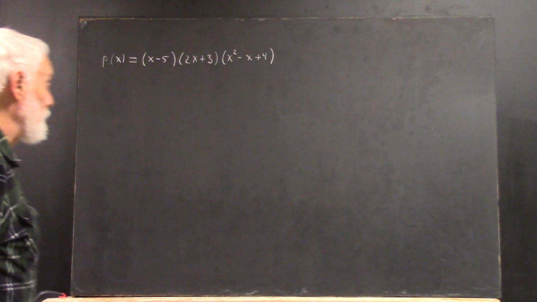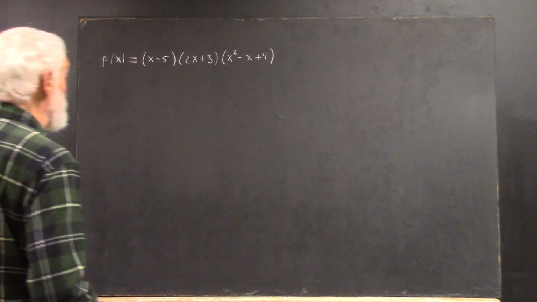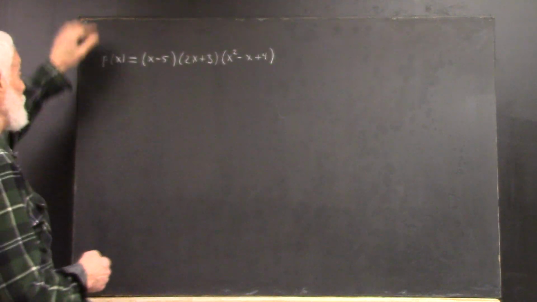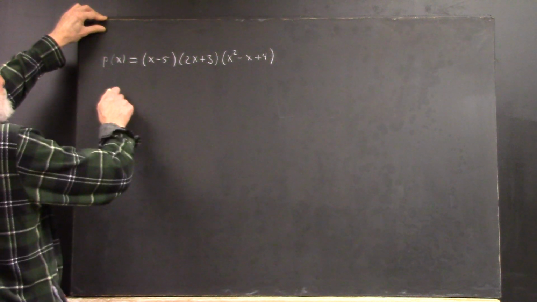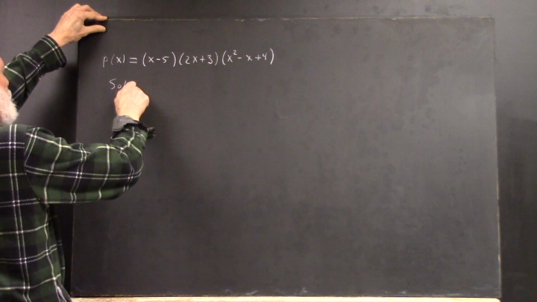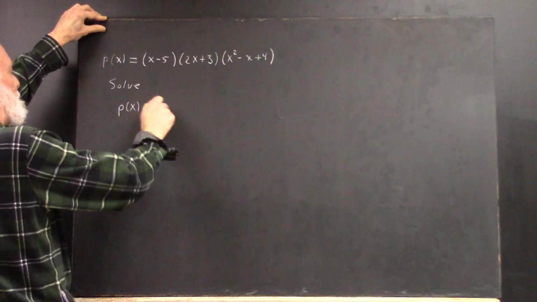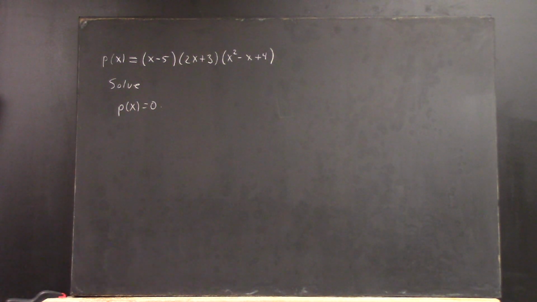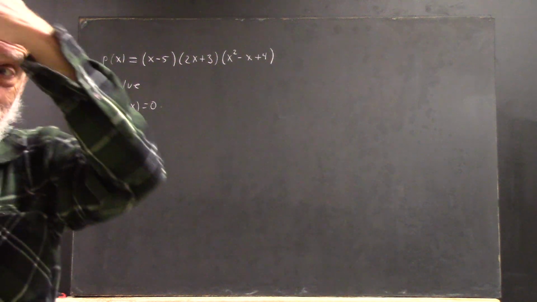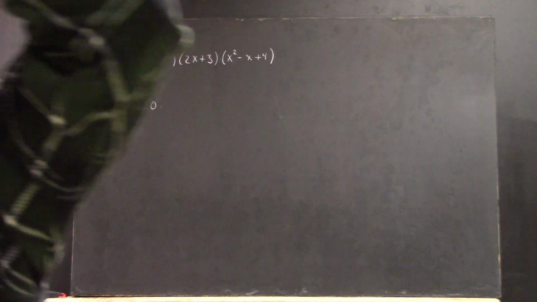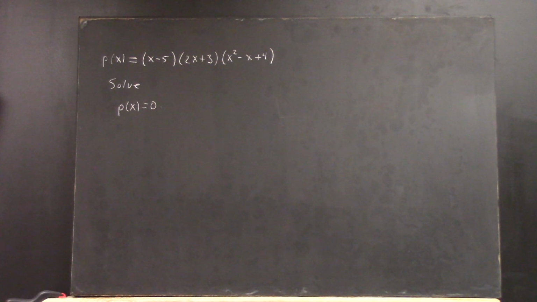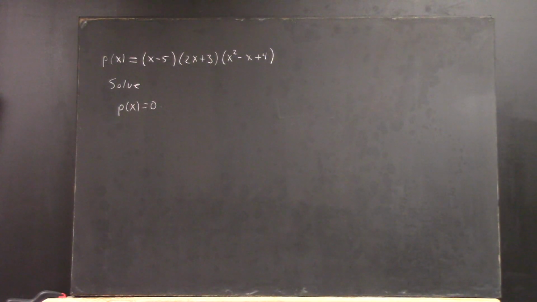You should be able to factor a quadratic. Okay? Try no more. But other than that, I'm not going to be too picky. Okay, can you solve p of x equals 0? Now you should, just by looking at that equation, be able to tell me one solution real quickly.